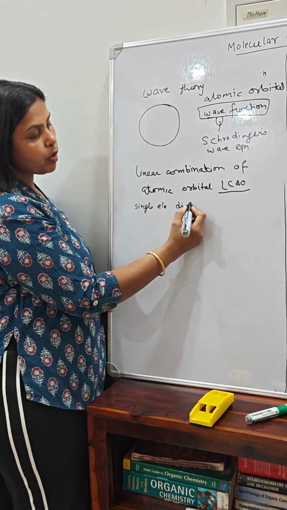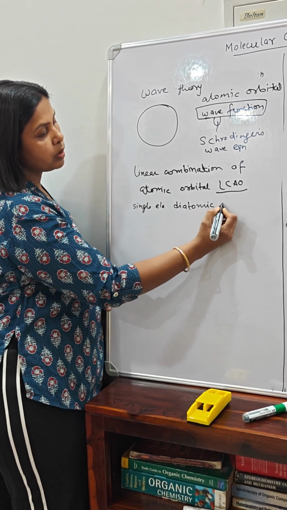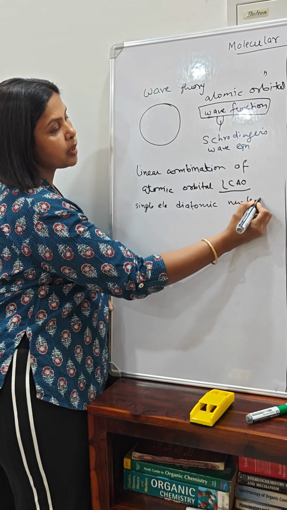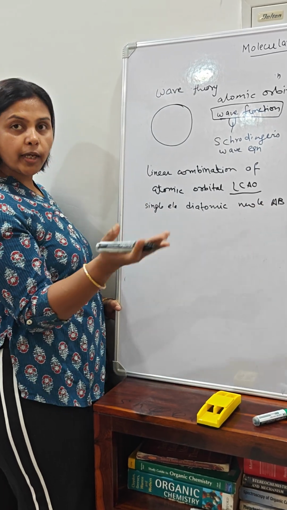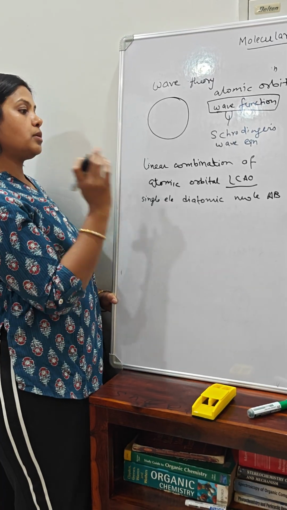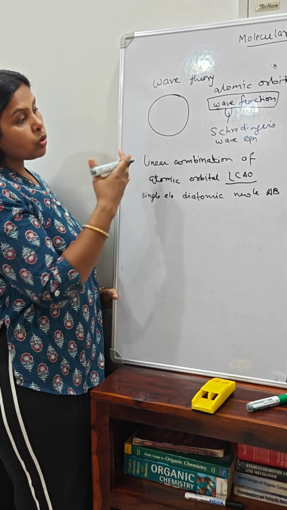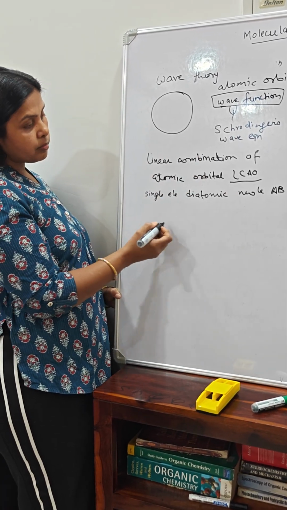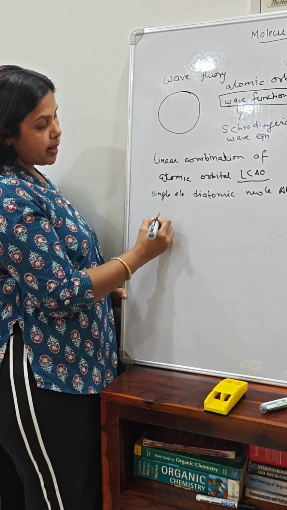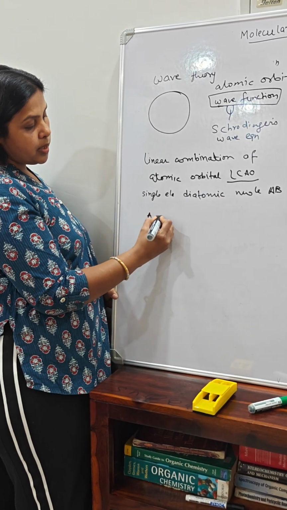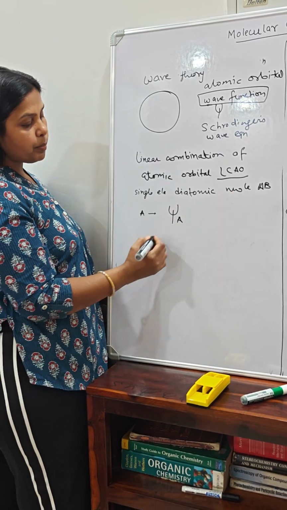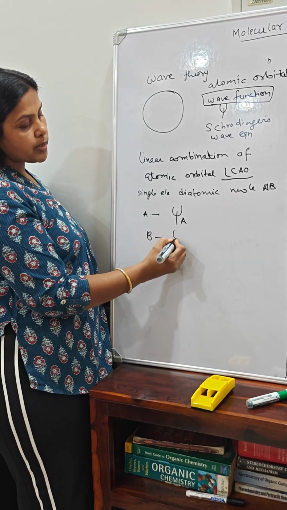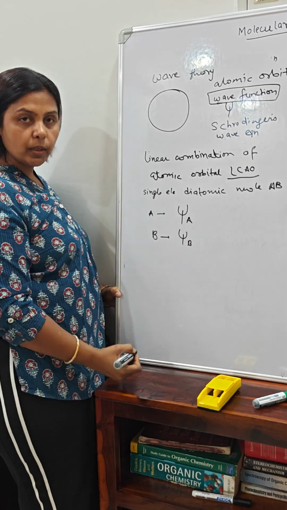I will take the example of a diatomic molecule, say AB, where both A and B are single electron atoms. Suppose atom A is represented by wave function psi A and atom B by wave function psi B.